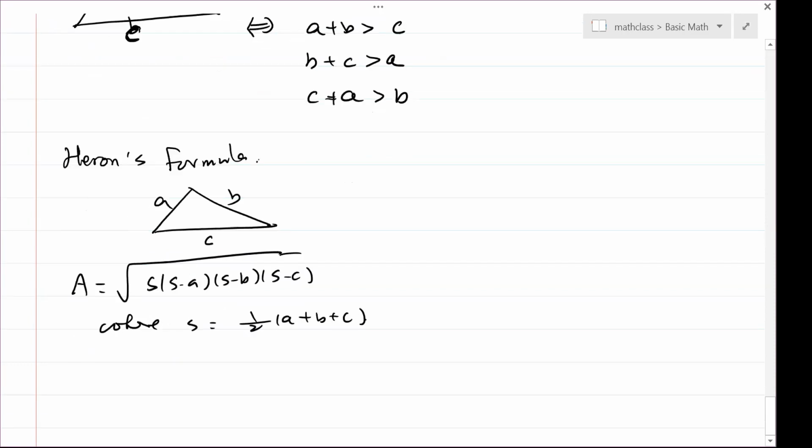And you say, how did he get it? Well, you can get it maybe if you have time. It's like a research project, right? Trying to prove it. First of all, you know that the triangle is uniquely determined by 3 sides. Even the shape of the triangle is already uniquely determined by the 3 sides.